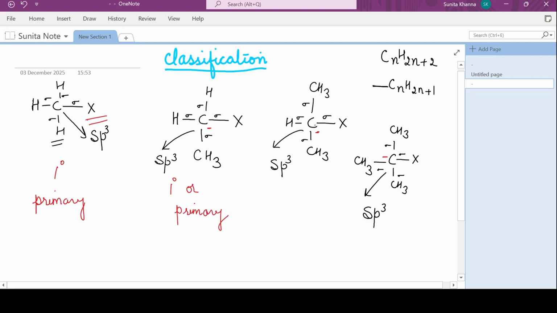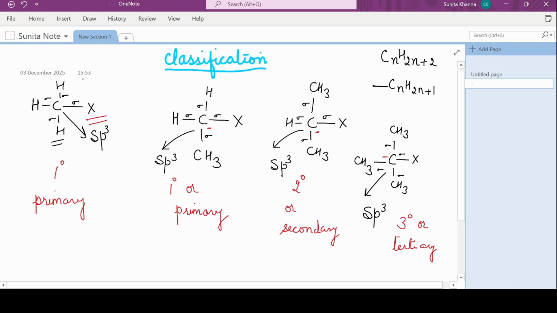Okay, and this is 2 degree or secondary halide, and the same way this is 3 degree or tertiary alkyl halide. I hope all of you know what is a primary, secondary and tertiary carbon atom, as it is part of the basics of organic chemistry.